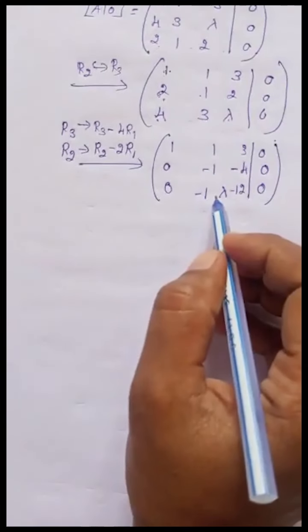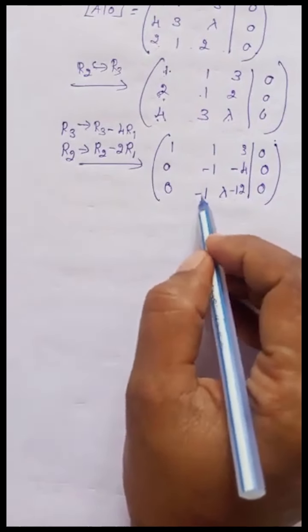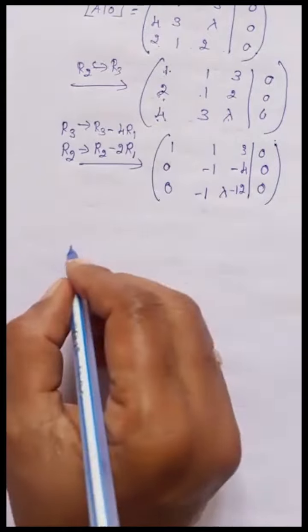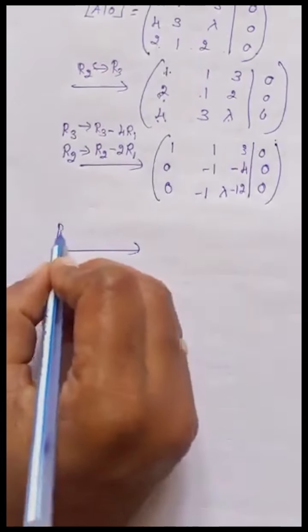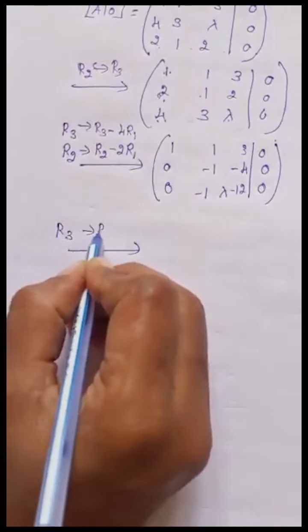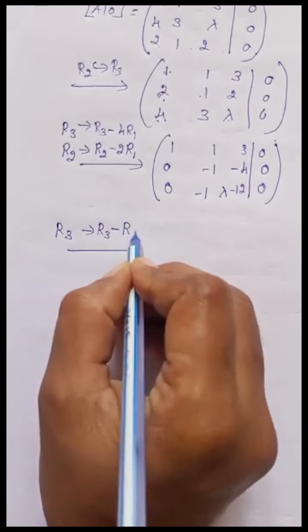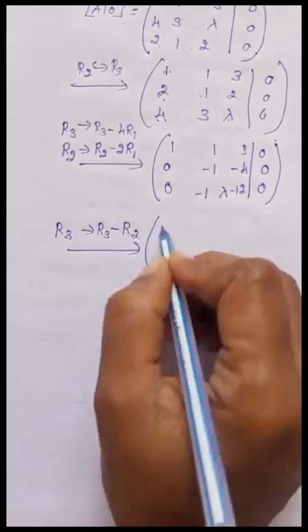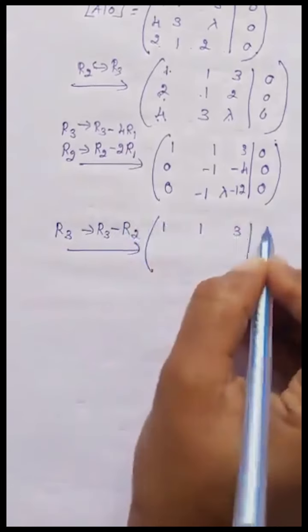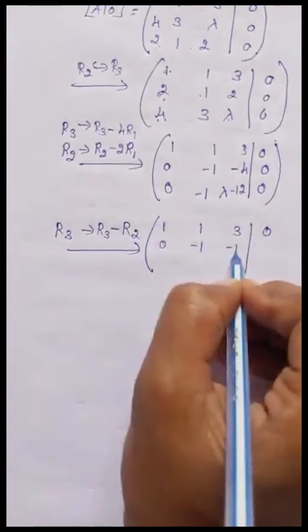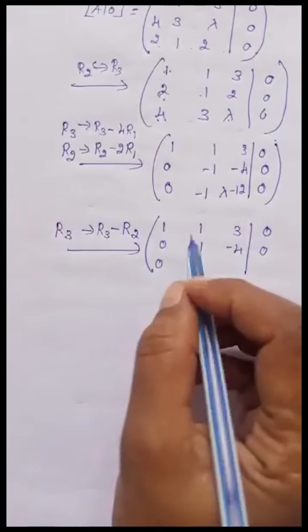Now the next place is to make this as 0, isn't it? That is also simple only. R3 is going to change as R3 minus R2. So 1, 1, 3, 0, 0, minus 1, minus 4, 0, 0.